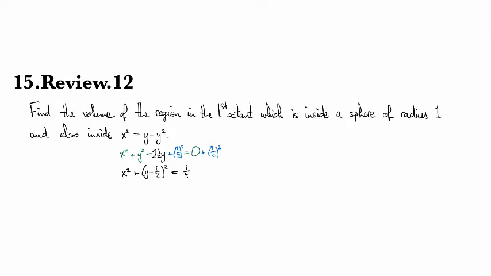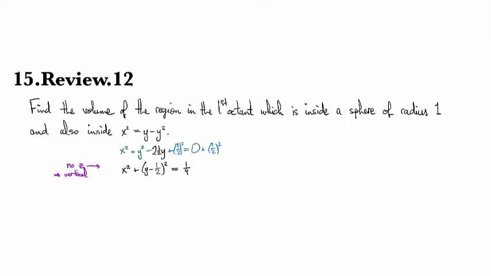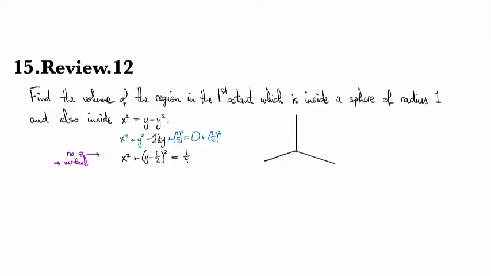Well, we're in 3 space, so this is going to be a vertically extended cylinder, and I can tell it's going to be vertically extended because there's no z coordinate in this equation. So let's see, now I can draw a sketch of my region. We're in the first quadrant, so set things up like this, for artistic purposes.